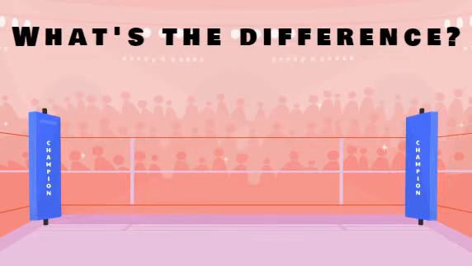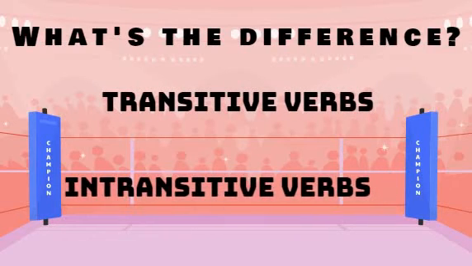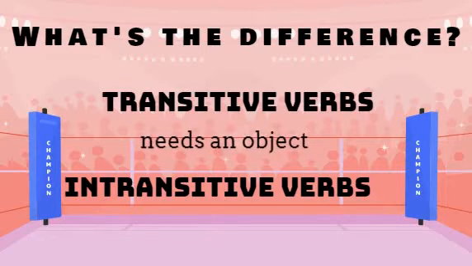So what's the difference? A verb can be described as intransitive or transitive based on whether it requires an object to express a complete thought or not. A transitive verb is one that only makes sense if there is an object, whereas an intransitive verb will make sense without an object.